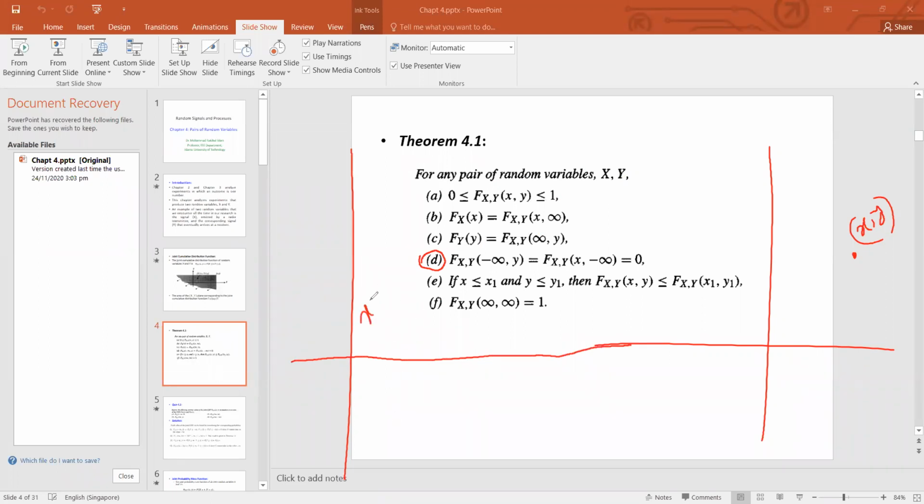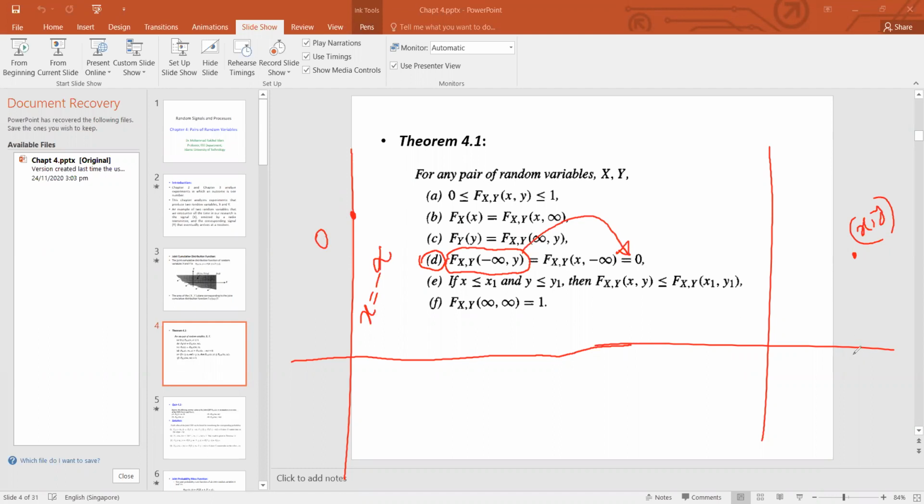So before that point, is there any probability? No, sir. If there is no probability, the sum of probability will be 0. So CDF at x equal to minus infinity will be equal to 0.